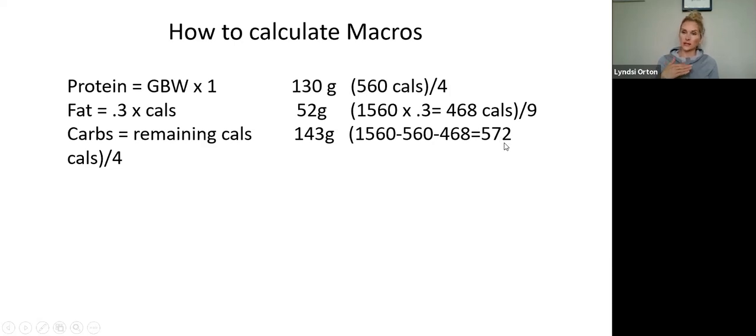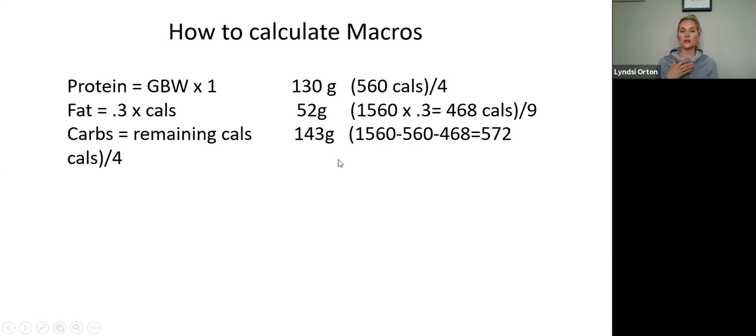And last video, we learned that there were 4 calories per gram of carb. So we're going to divide 572 by 4, which gives us 143 grams of carbs. So here are your macros. These are the macros that you are going to consume every single day in order to see fat loss.